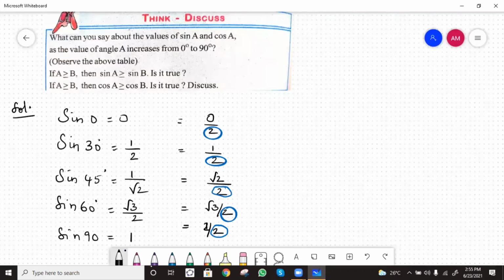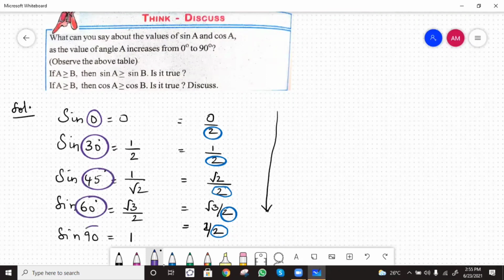Is it increasing or decreasing? Increasing. Now observe these angles: 0 degrees, 30 degrees, 45 degrees, 60 degrees, 90 degrees. These are also increasing.